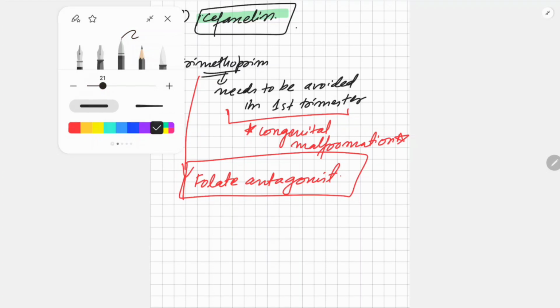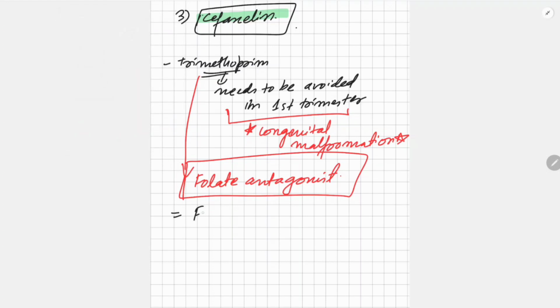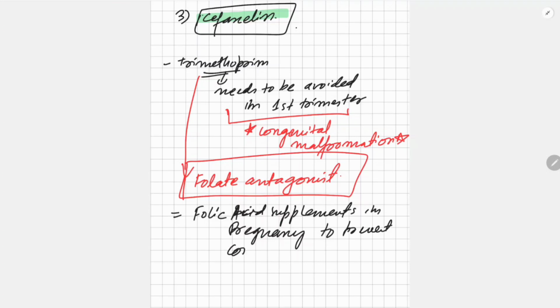You might be knowing that's why we use folic acid supplements in pregnancy to prevent congenital malformation. But this trimethoprim drug is generally avoided in pregnancy. It's generally avoided, not used.